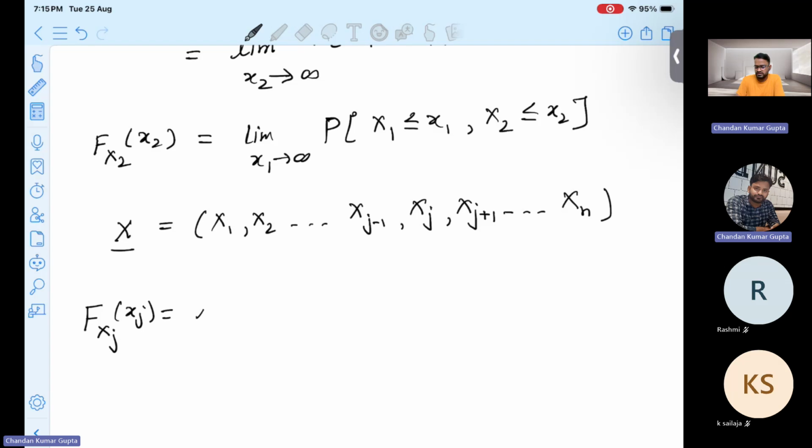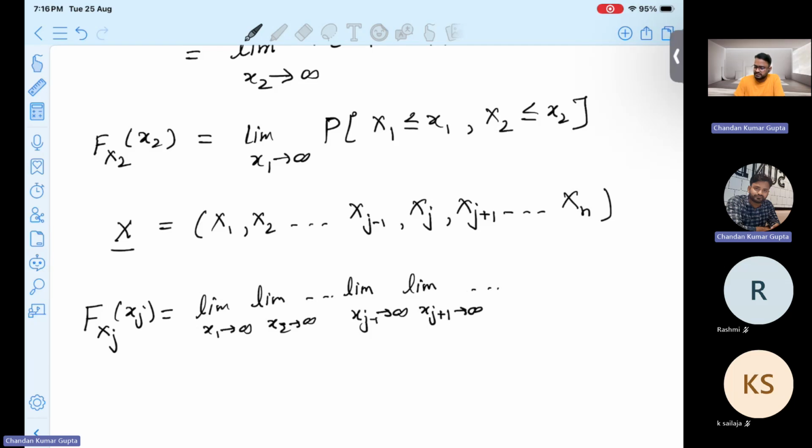we apply the limit on x1, the limit on x2, and so on, the limit on xj minus 1, then the limit on xj plus 1. We omit xj because we need to find the distribution of the xj random variable.